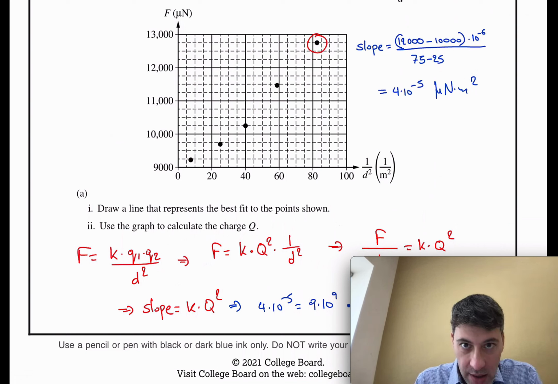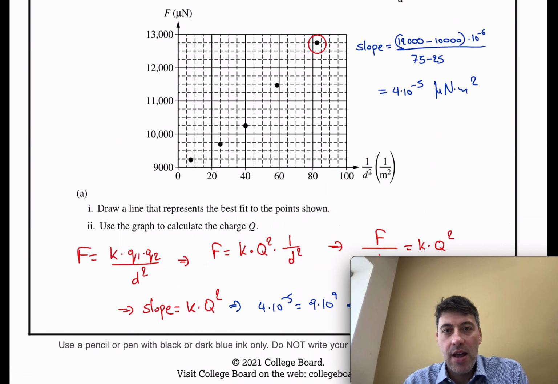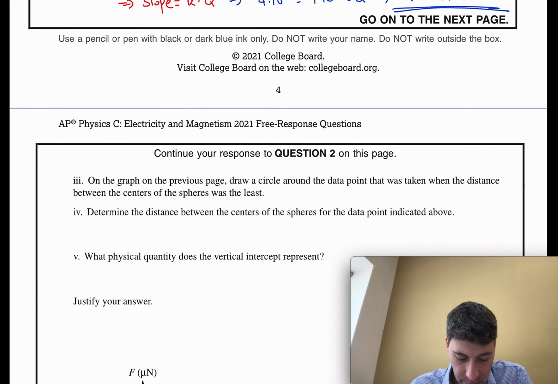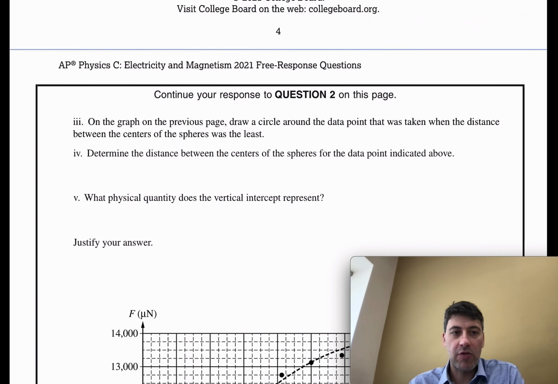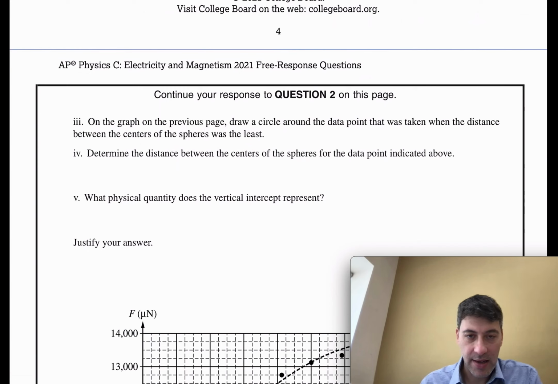So this is the point with the least distance, and I think we need to draw a circle. Yes. So we're done with part 3, and we need to determine the distance at that point.